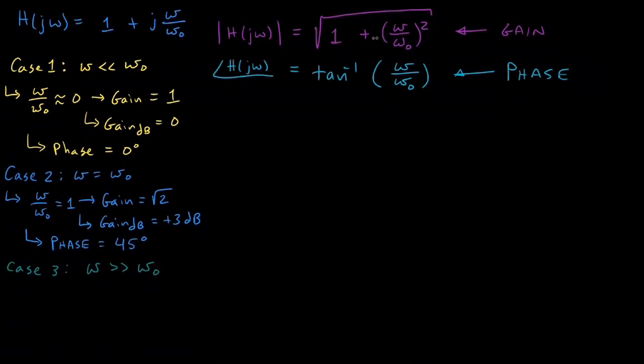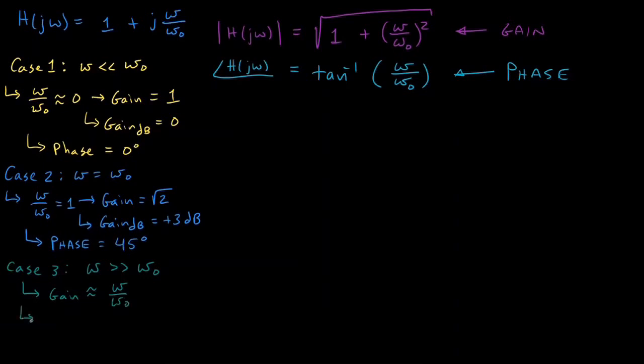If we add 1 to it, we're really not changing it very much. So we have something that looks like (ω/ω0) squared, and we square root it, which just looks like ω/ω0. So the gain, unitless, is going to approximate ω/ω0.